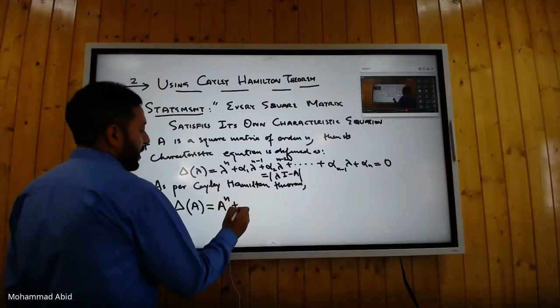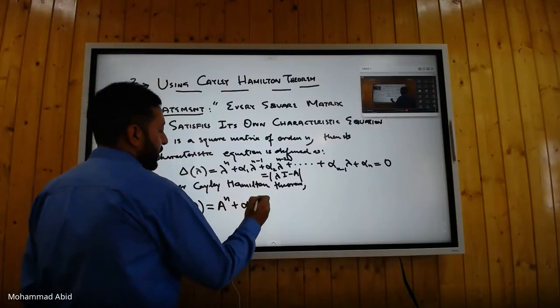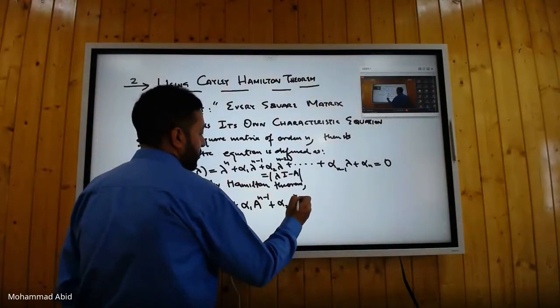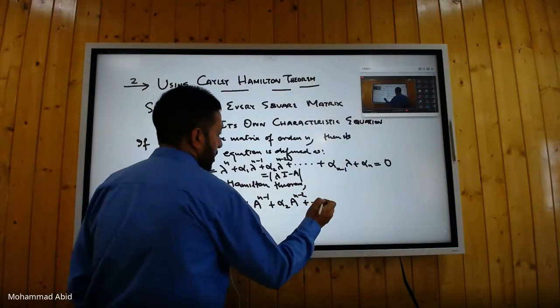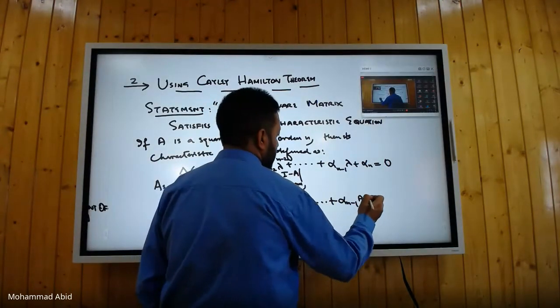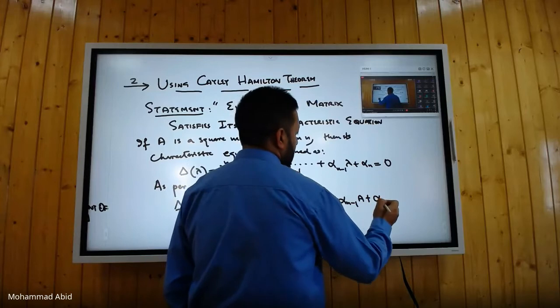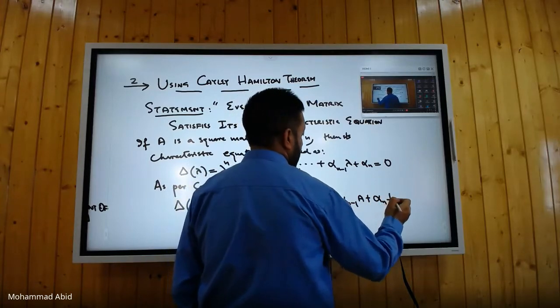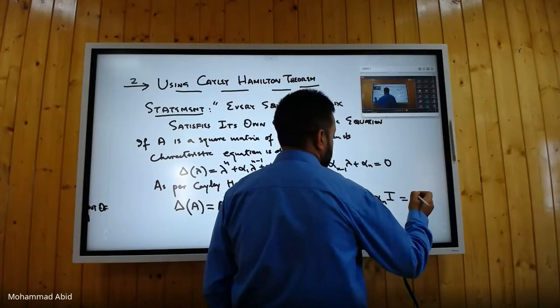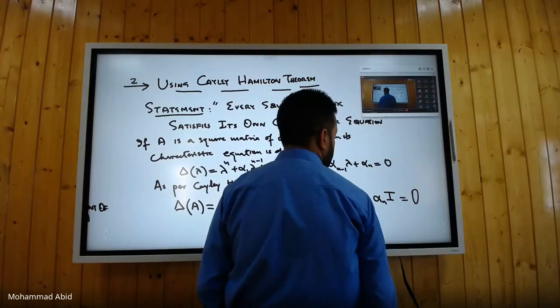This is A to the power n plus alpha 1 A to the power n minus 1 plus alpha 2 A to the power n minus 2 plus so on, alpha n minus 1 A plus alpha n into I is equal to a big zero, a null matrix.